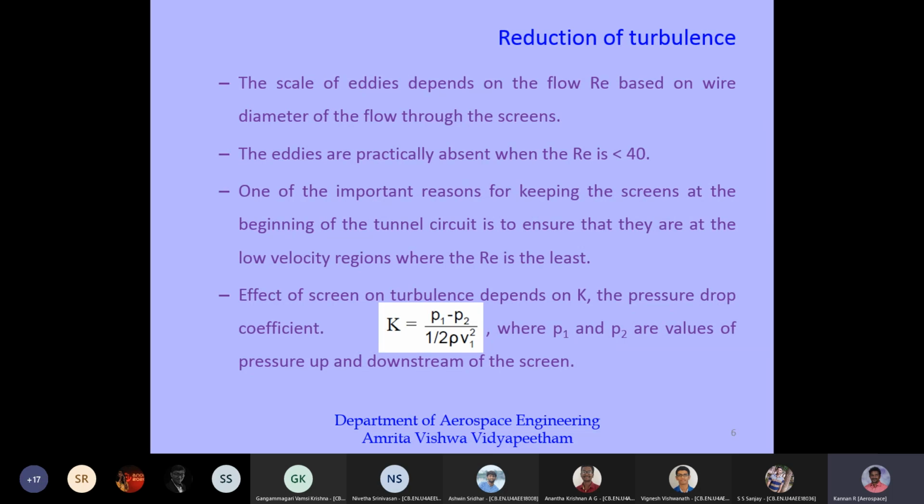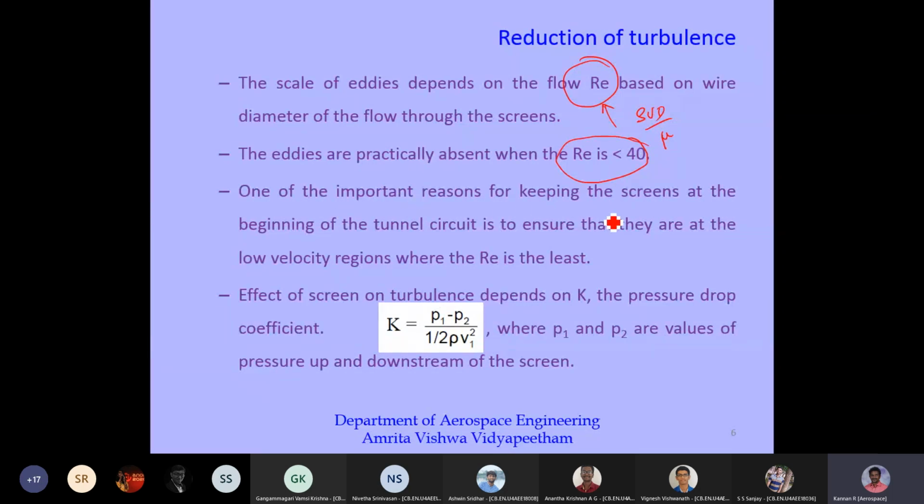Another thing is that the scale of eddies depends on the flow Reynolds number, which is also based on the wire diameter, because it is rho Vd by mu. When the Reynolds number is less than 40, eddies are practically absent.